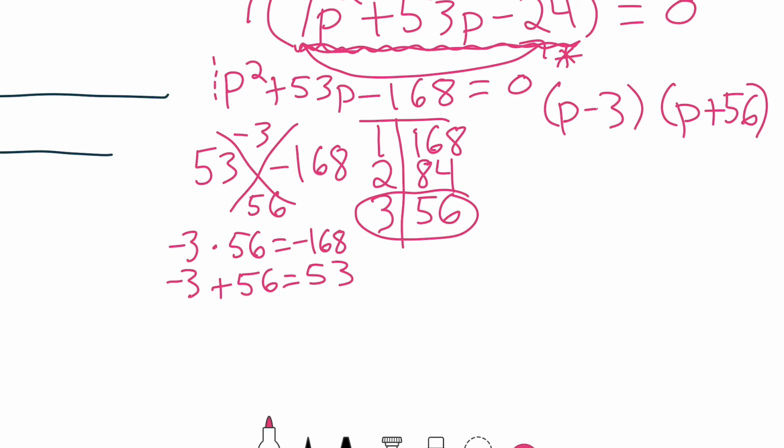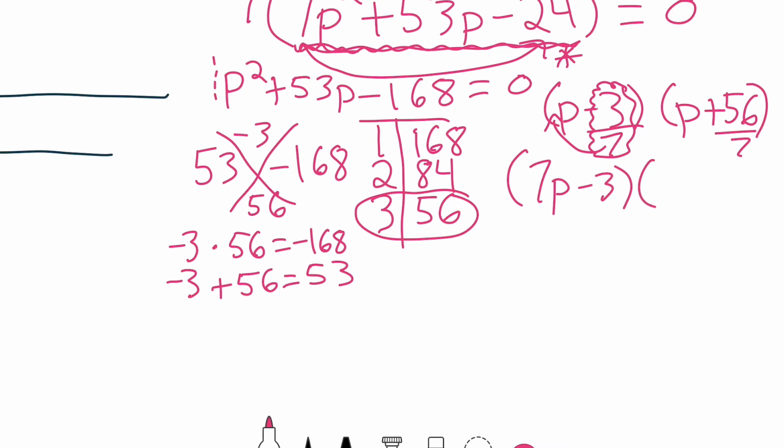We were also sliding and dividing. So we have to divide by what we slid. We slid a 7. So we're asking ourselves, can we simplify this 3 over 7? No. So the denominator has to go in front. Can we simplify 56 over 7? Yes, we can simplify it to 8.